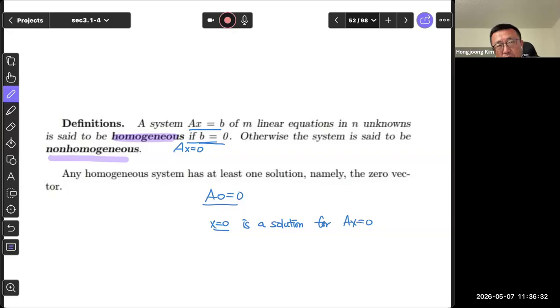So a homogeneous system is always consistent. So the situation will be either it has only one solution or it has many solutions.